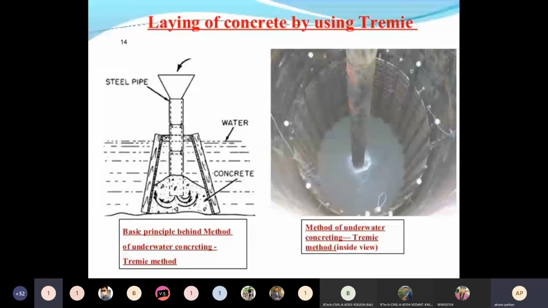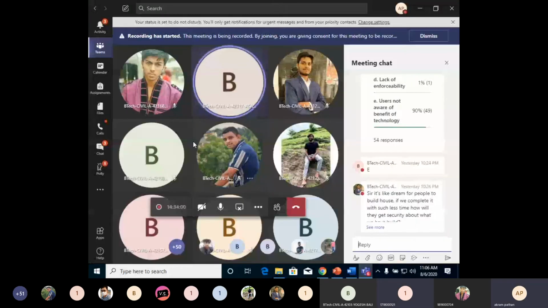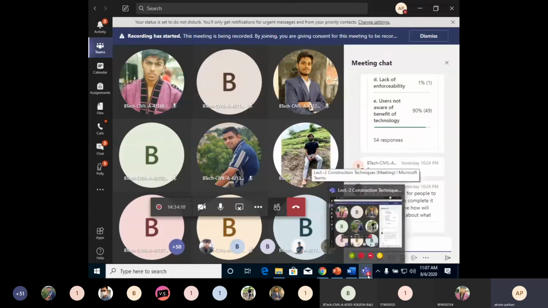Sir, your voice is not clearly audible. The same problem is occurring in between. See, in between the lecture, there is an issue with the net connection. So this is the issue in front of us. We will discuss this issue with the concerned person. Always a loose connection is there.